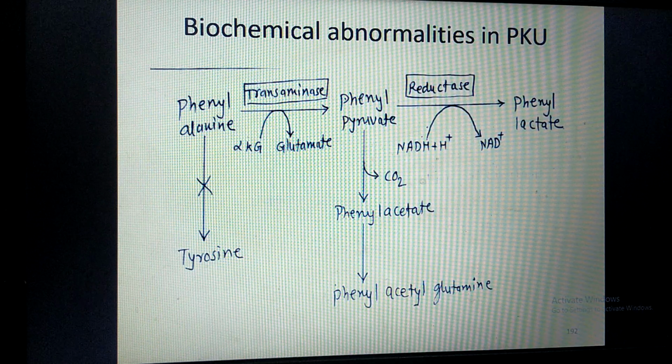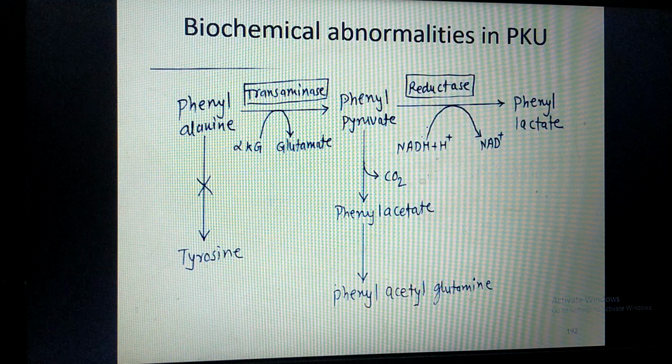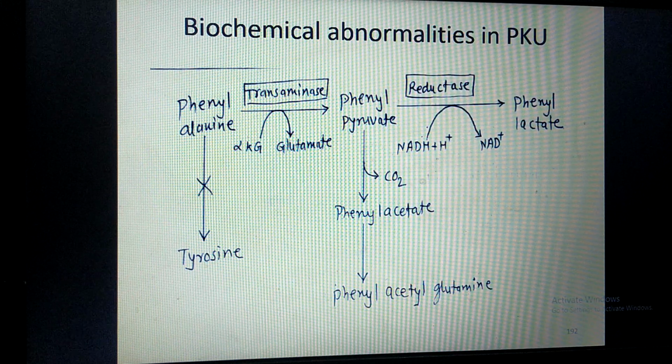Now, due to blockage of that pathway, this transamination pathway becomes the major pathway in the cell, where phenylalanine donates its amino group to alpha ketoglutarate to form glutamic acid. The enzyme is transaminase or aminotransferase, and phenylalanine is converted to phenyl pyruvate.